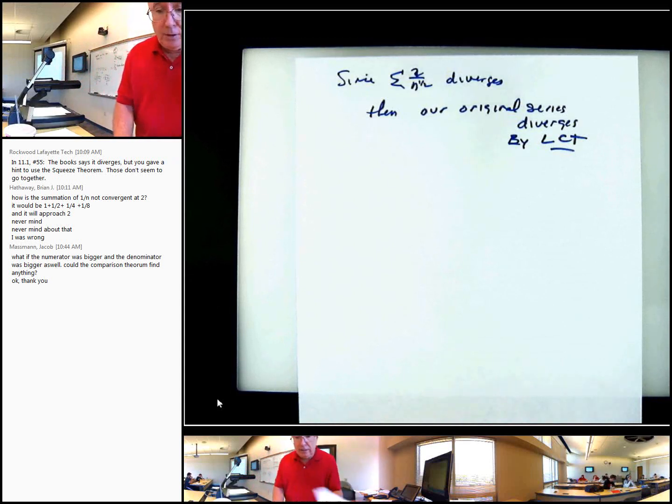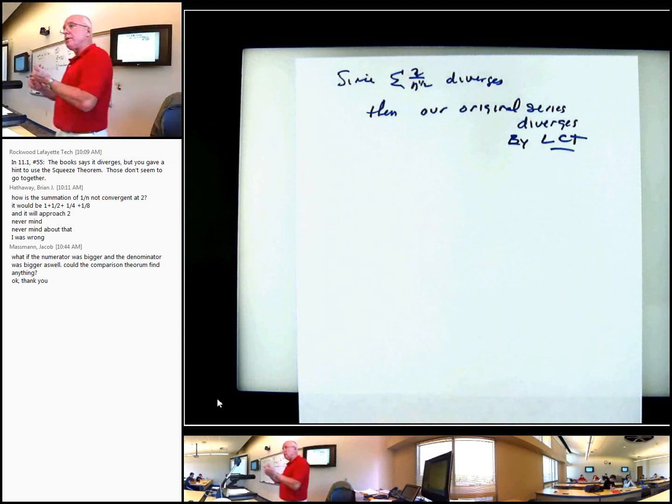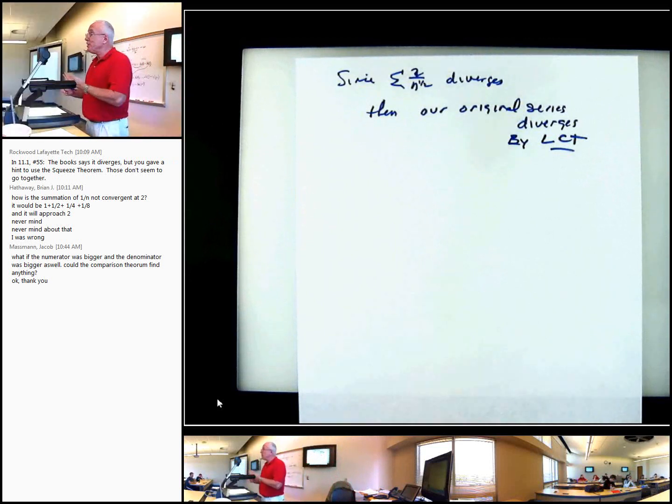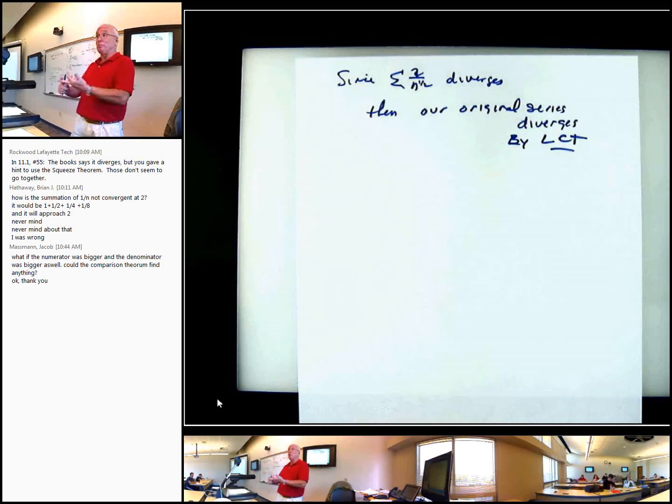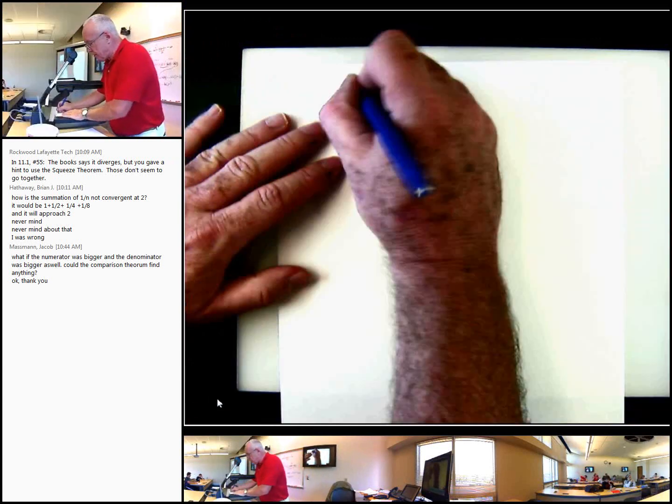Okay, so those are the two tests that we found in that section, the comparison test and the limit comparison test, and they both require positive terms. Now what we're going to go to in the next section is alternating series, 11.5. We'll get a start on this one.